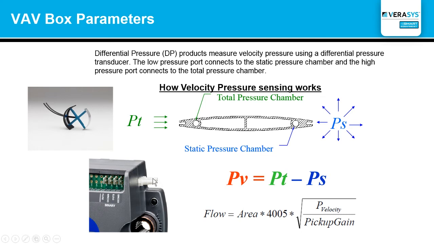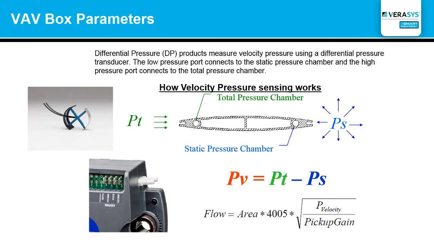You plug the tubes into our controller. Our controller is not polarity sensitive, so there isn't a wrong side to it. You can put it on either port. We basically take the absolute value of this, so we're always using a positive value.